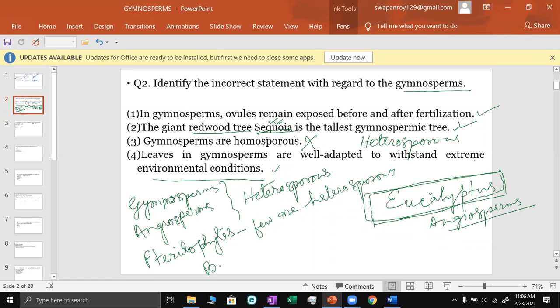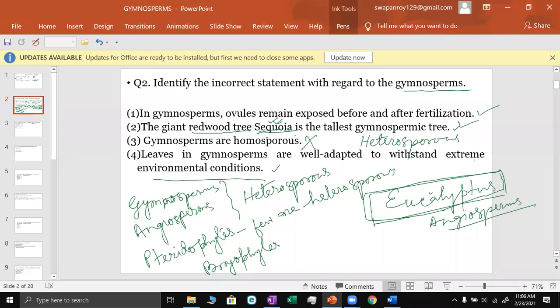In bryophytes, no heterospory, all are homosporous, means they produce only one type of spore, one kind of spore.